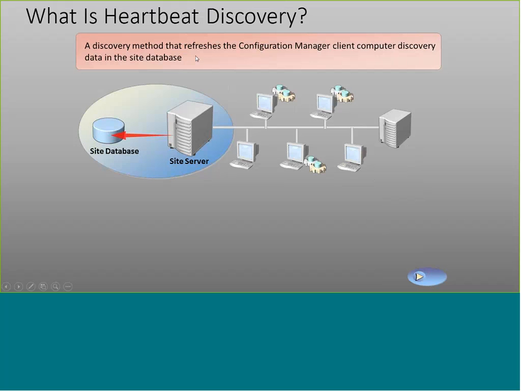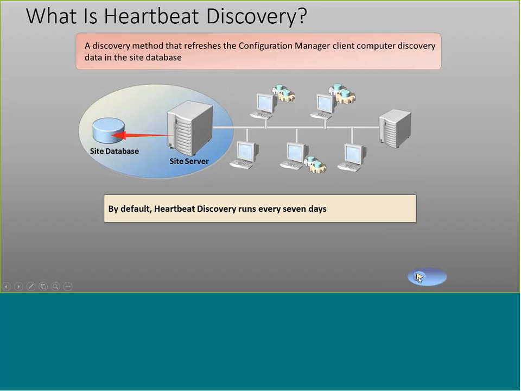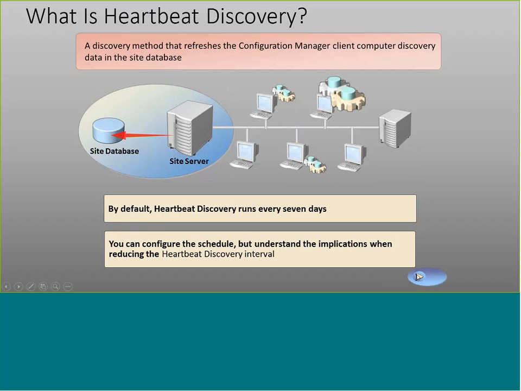And then there is heartbeat discovery. So this is what I want to show you as well, that by default heartbeat discovery runs every 7 days, which is like if you really want to save traffic. You can configure the schedule, but understand the implications when reducing the heartbeat discovery interval.